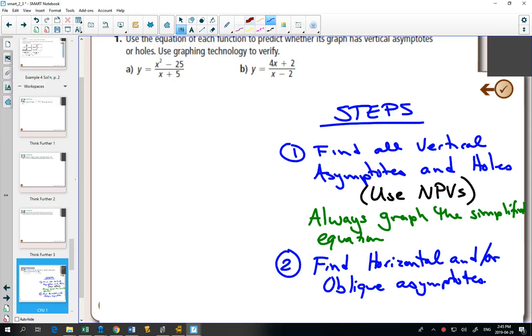And for our situation, it's going to be or. We're not going to have, I guess I can take out the word and. In our situation, it's only going to be horizontal or oblique asymptotes.